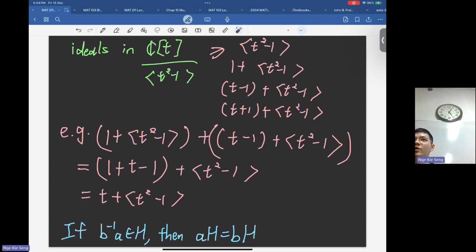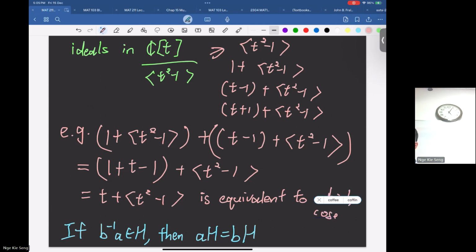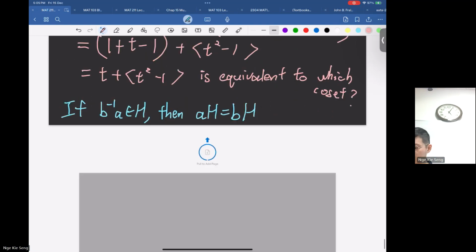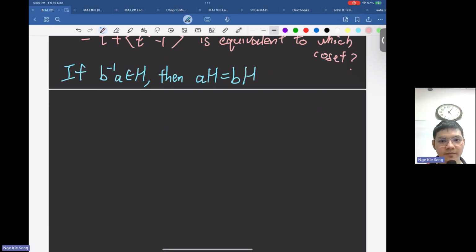So maybe go back and think: which coset is this equivalent to? Try and do this. I will put it into the lecture notes. Let's continue and finish it.